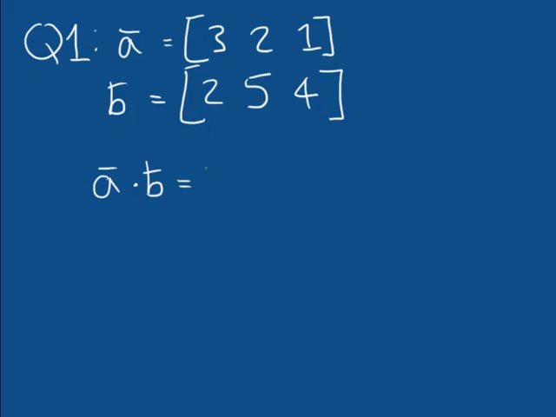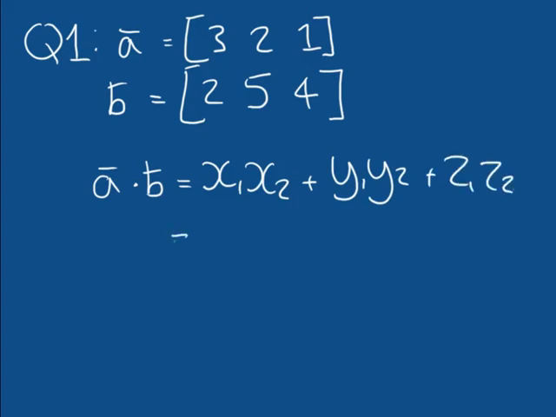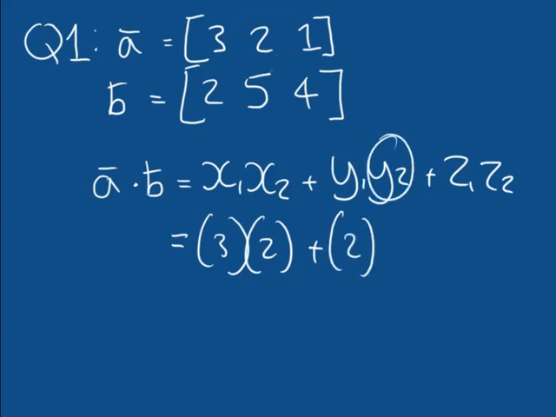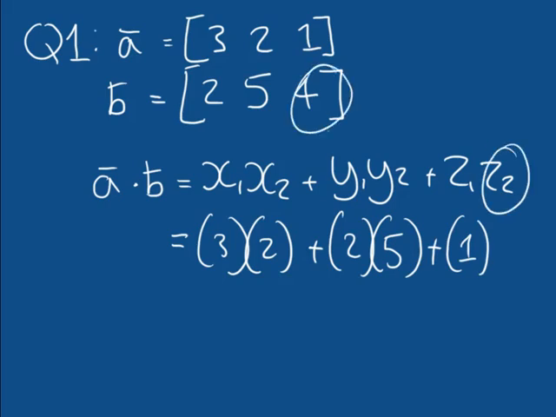So we know the component definition of our dot product is that A dot B is equal to x1, x2, plus y1, y2, plus z1, z2, which means A dot B is equal to x1, 3, times x2, which is 2, plus y1, which is 2, times y2, which is 5, plus z1, which is 1, times z2, which is 4.